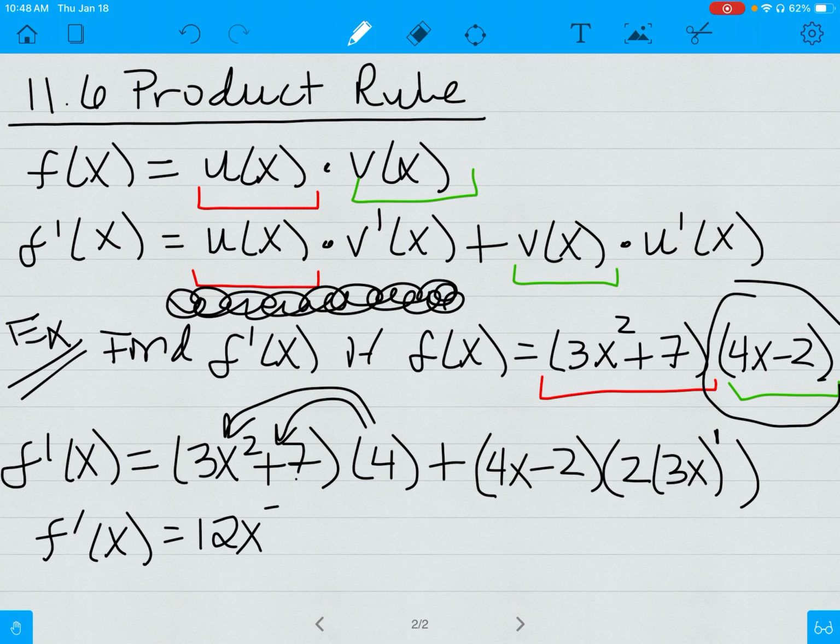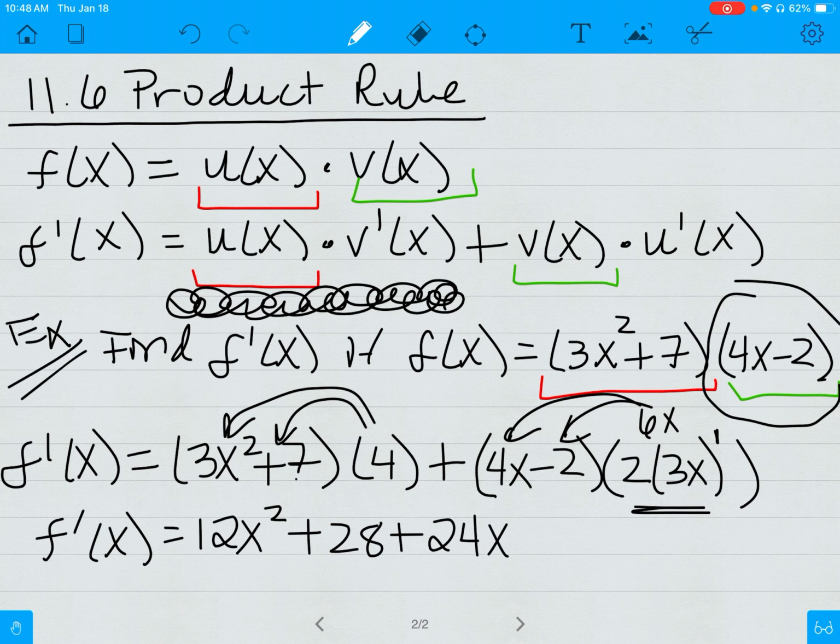So I'll have 12x squared plus 28. And then here, this 2 times 3x, that's a 6x. I can distribute that inside these parentheses. 6x times 4x is going to give me 24x squared. 6x times negative 2 gives me negative 12x.